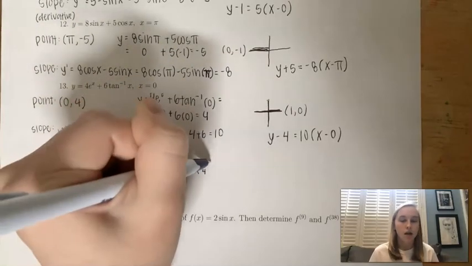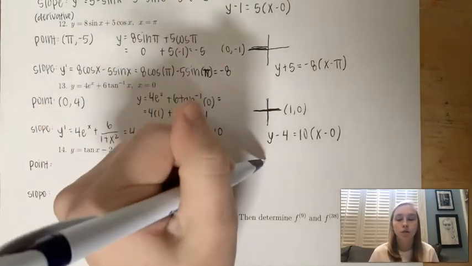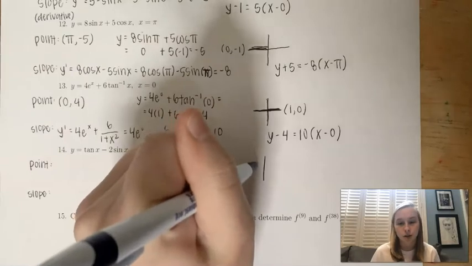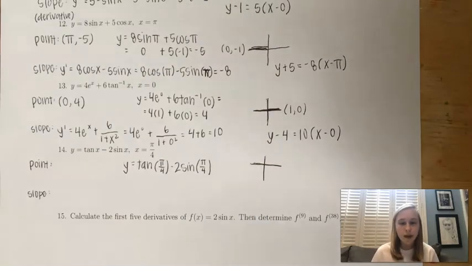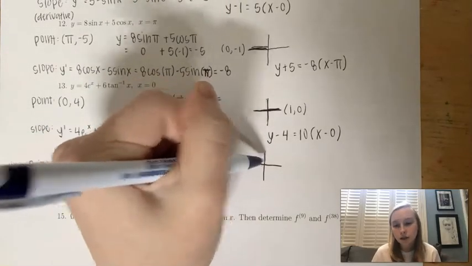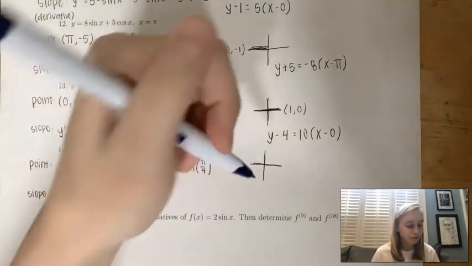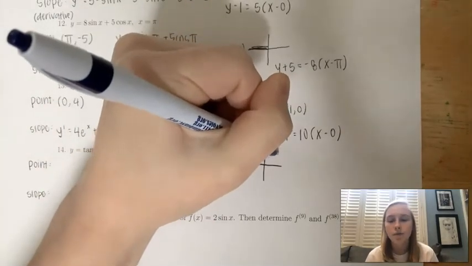Okay. So you might be asking, what the heck? Pi over 4, don't know what that is, don't know what to do with that. So you go to your trusty unit circle. And pi over 4 on the unit circle is roughly the angle of 45 degrees, so it's in the first quadrant. So I'm going to draw that nice angle.